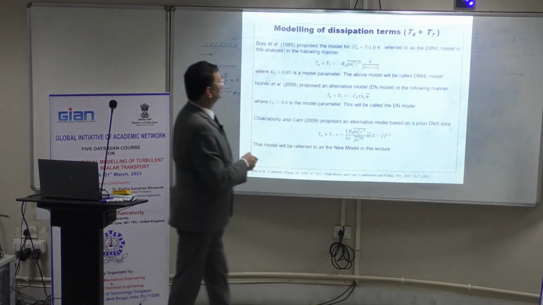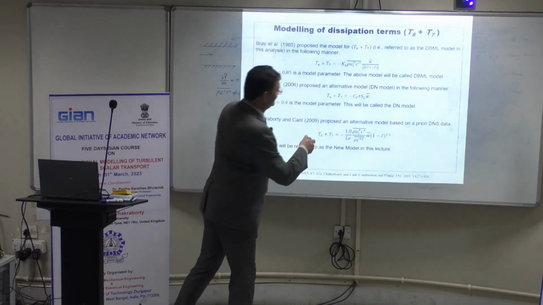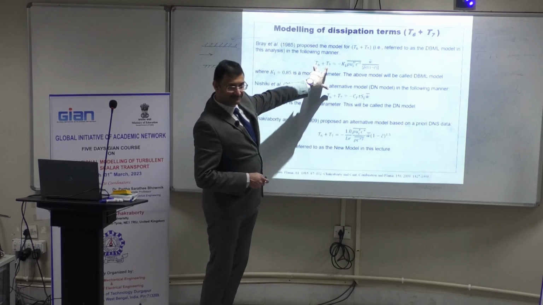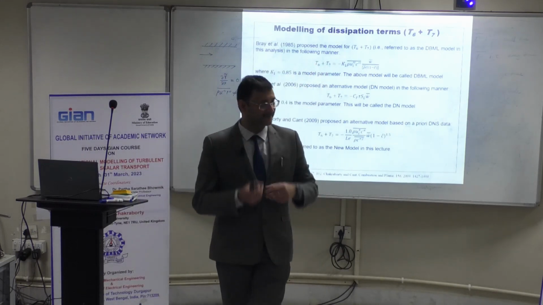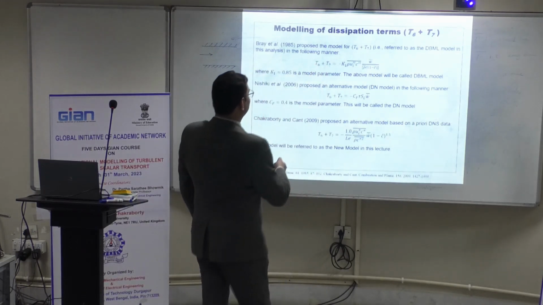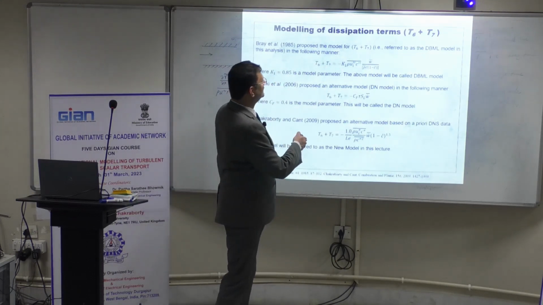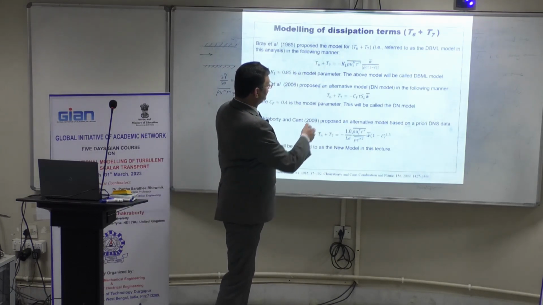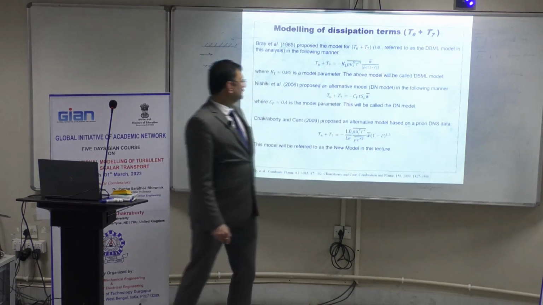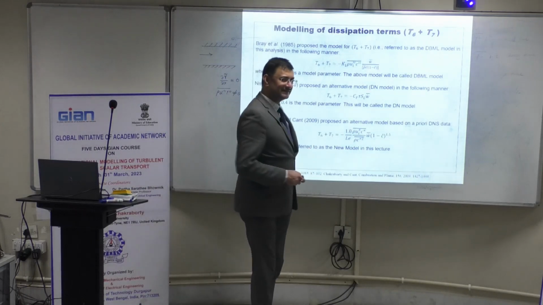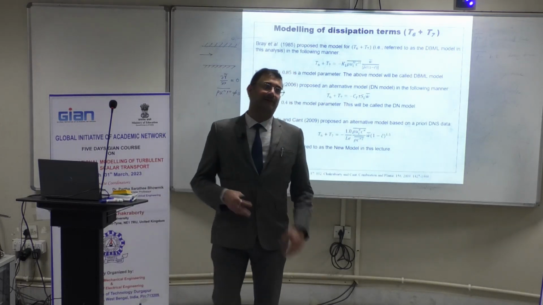Bray came up with this kind of model expression. I already told you T6 and T7 act as a dissipation term, so that's why the negative sign is there. Everything else is here. This one is proposed by Nishiki, but it's not really a very good model, in the sense that it is only valid for counter-gradient cases.